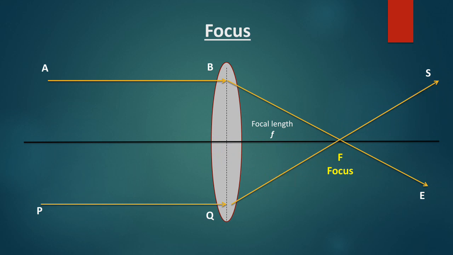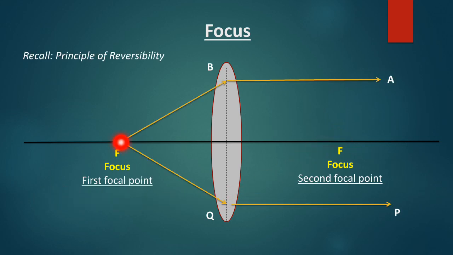Suppose the rays are coming from the focus, then they will be incident on the lens and take the same path. Now see this one, we have imagined the same: the ray is incident from the focus, it enters the convex lens, and refracts out from the lens in a direction parallel to the principal axis, correct.